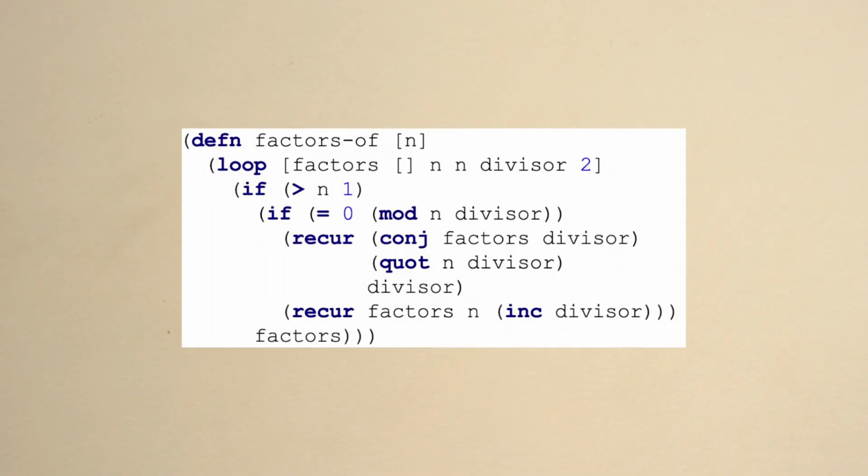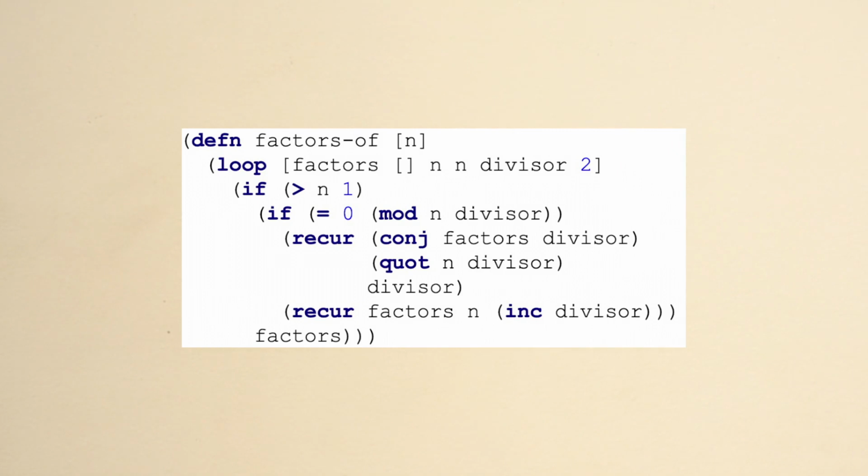Cool, right? And what an elegant little algorithm this is. The recursive algorithm takes three arguments: the list of factors, which starts empty, the number we are factoring, which starts at n, and the current divisor, which starts at 2. If n is not greater than 1, then it must equal 1, and the algorithm is over, so we return the factors.